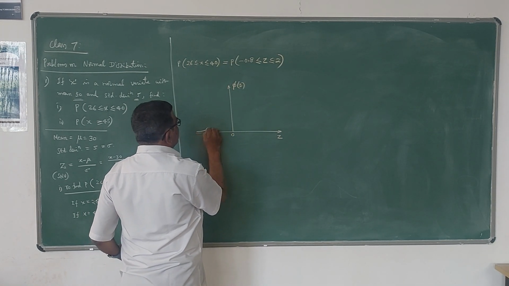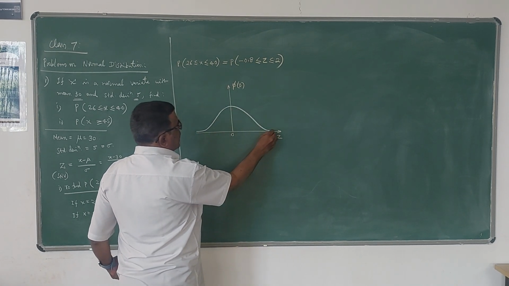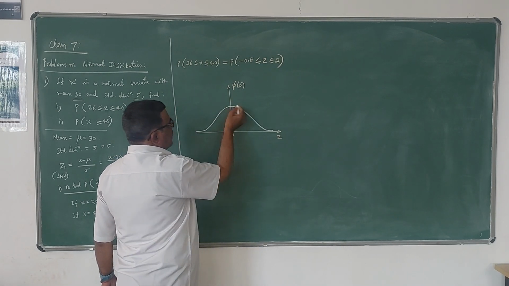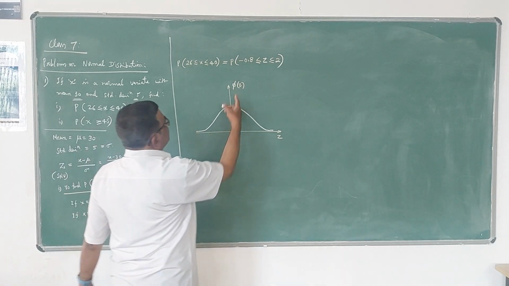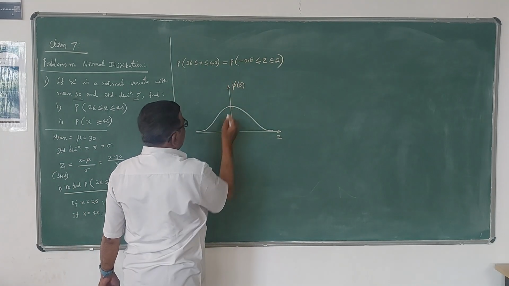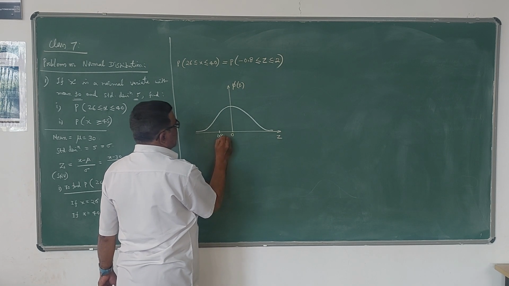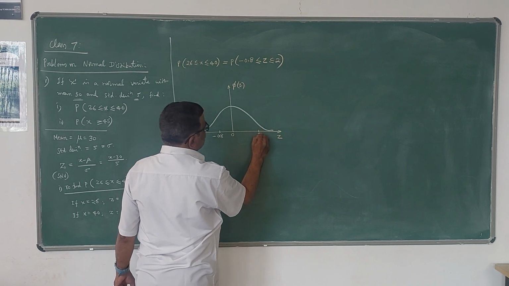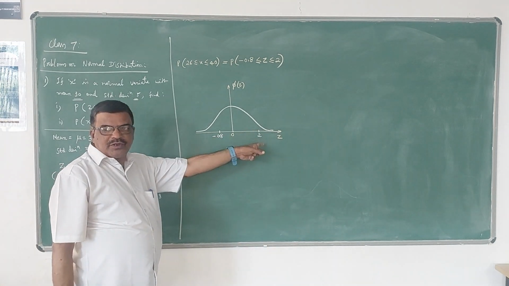I explained this in the last lecture. This is the standard normal distribution curve, symmetrical about this axis. The value of z is minus 0.8, so it is in the negative direction. Another value is 2, on this side. One value is negative, another is positive.